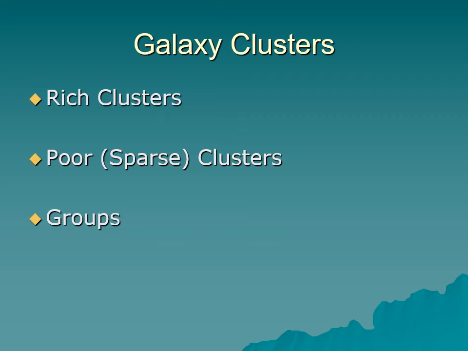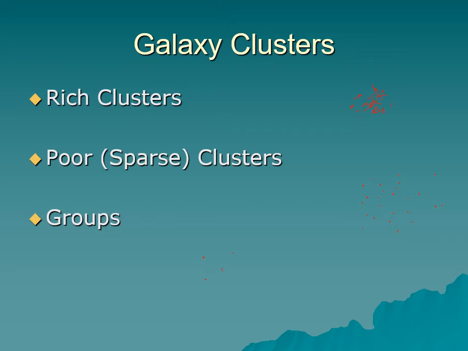Some galaxy clusters are very compact, with a lot of galaxies all over the place, and we call those rich clusters. Some galaxy clusters are pretty big things with lots of galaxies in them, but they're all pretty far apart. Those are sparse clusters. And a few of them are just a handful of galaxies that are clumped up near each other, and we call that a group.